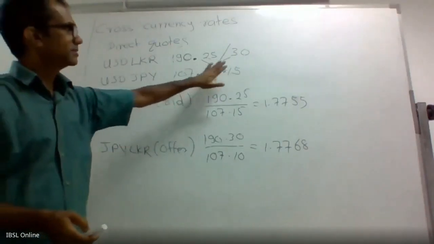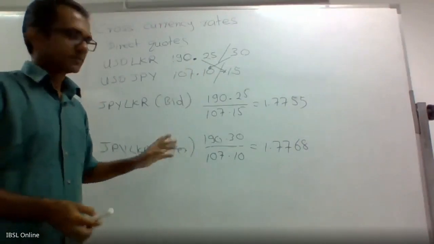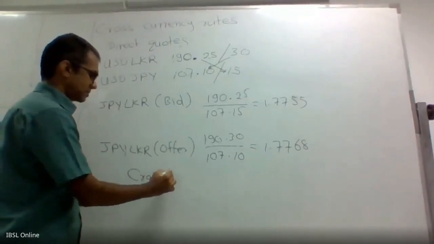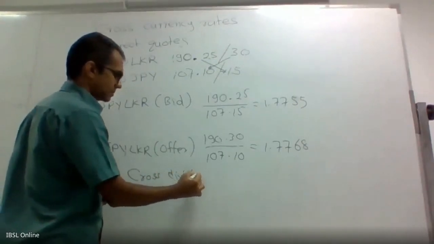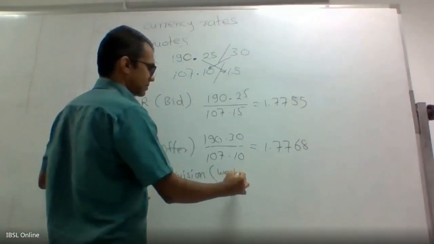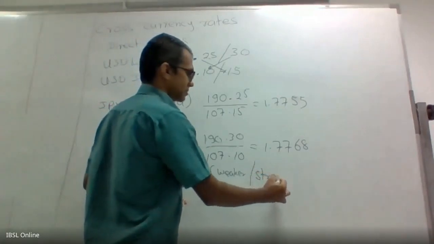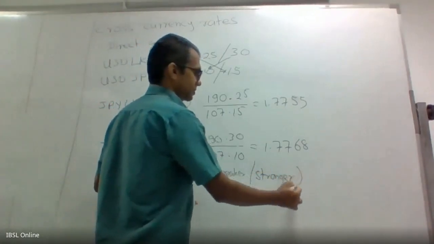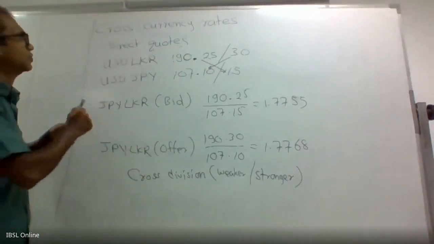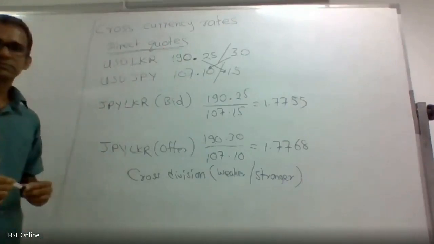Mathematically, how to get this? This is the rule. Cross division. Weaker currency divided by the stronger currency, when you have two-way quotes. Clear?